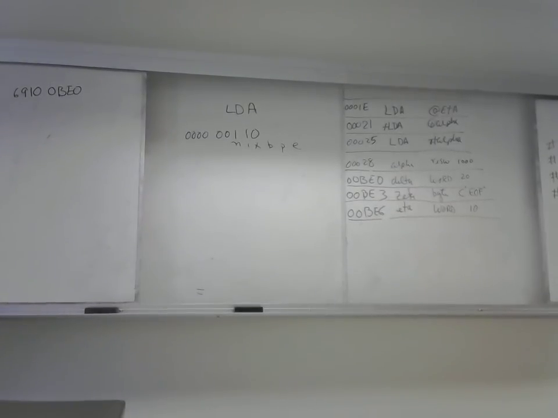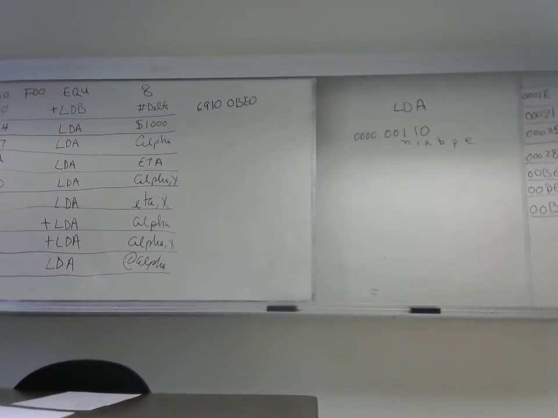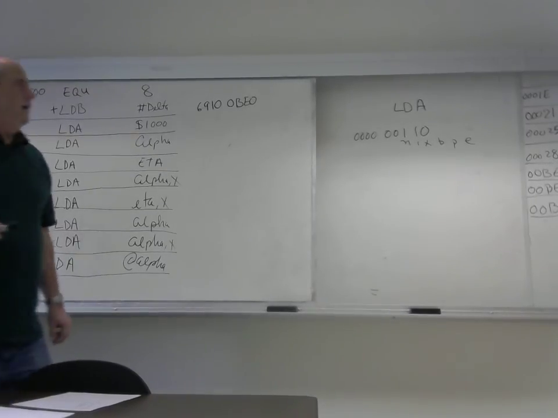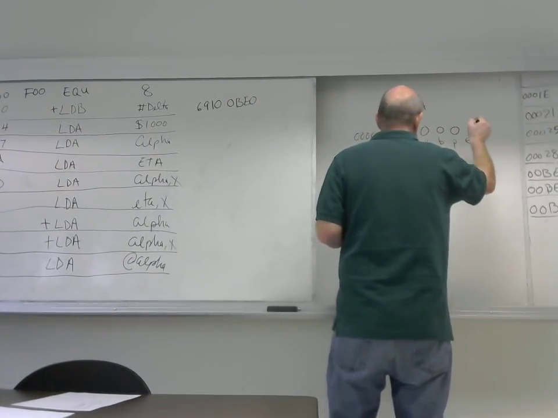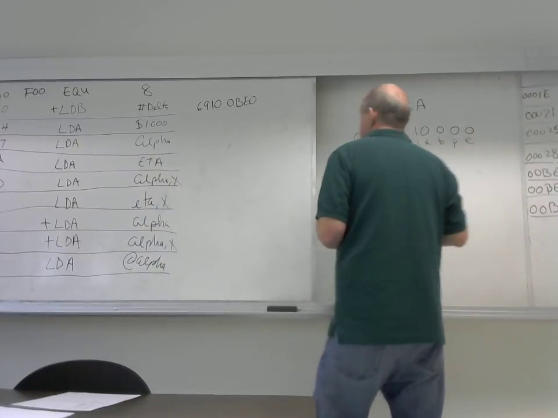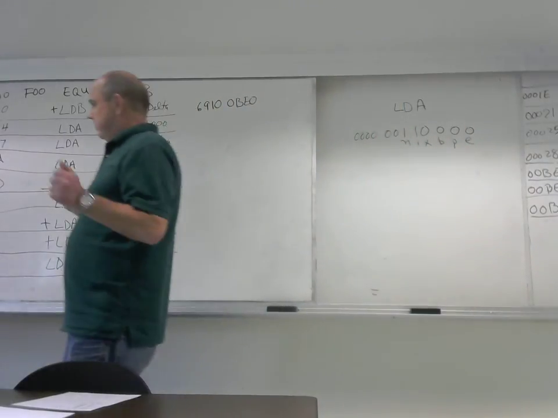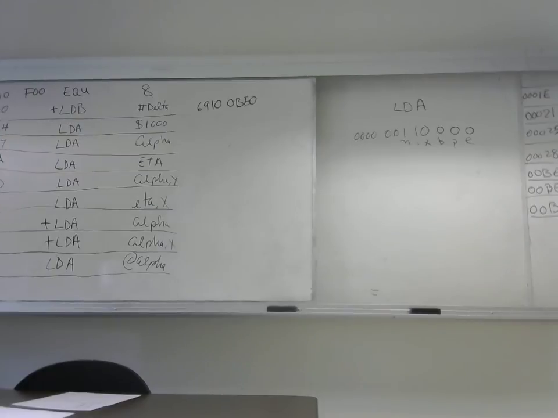It's the same addressing mode, it's a memory reference. But how in the world could you encode that with a B or a P? It can't be encoded with base or PC relative, and it's not extended. And in fact, now we're just going to write 1000, and that is the address.